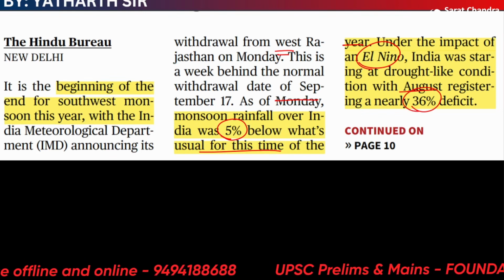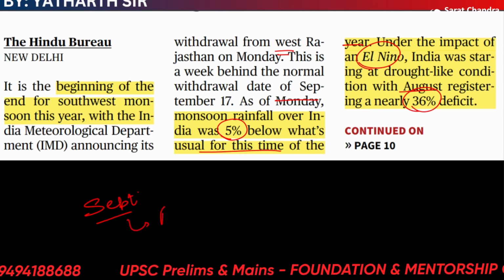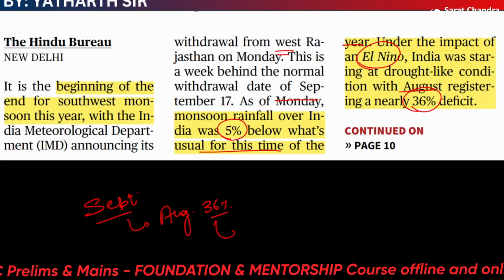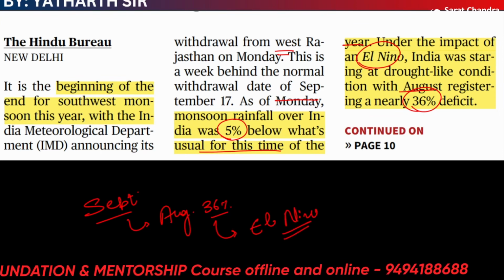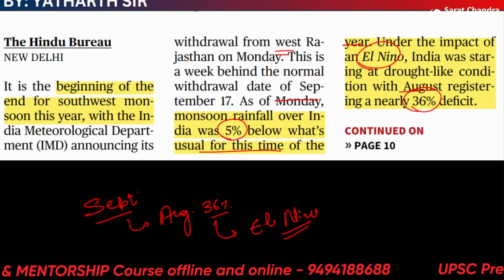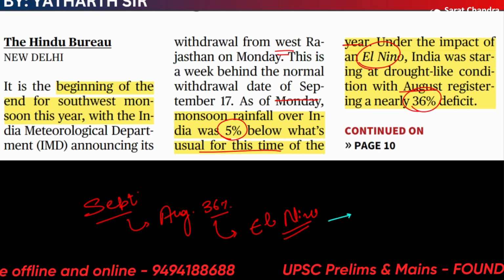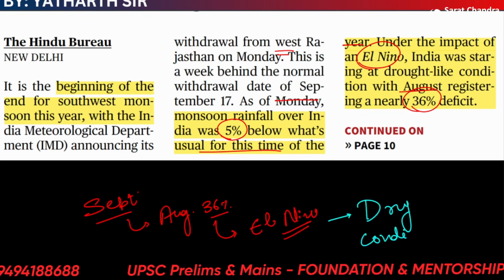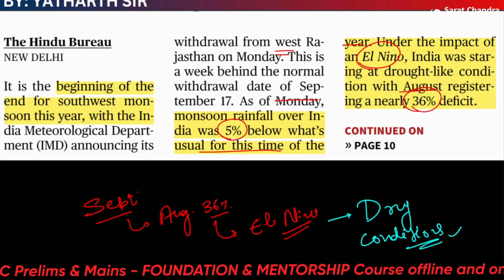Alright, so we are right now in September. August had around a 36% deficit, and that's because of the El Nino condition. So it becomes a simple observation that El Nino will produce, how will it impact the Indian monsoon? It will produce some dry conditions for India. Alright, so this is the news.